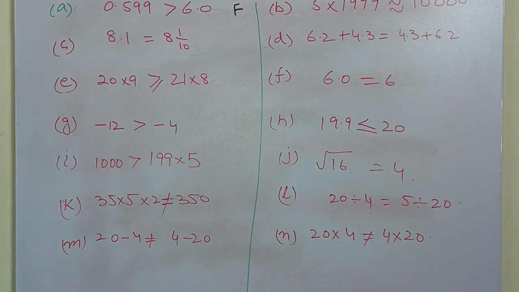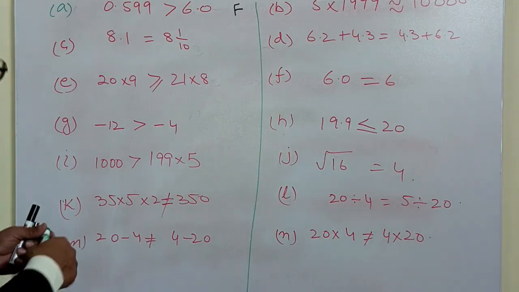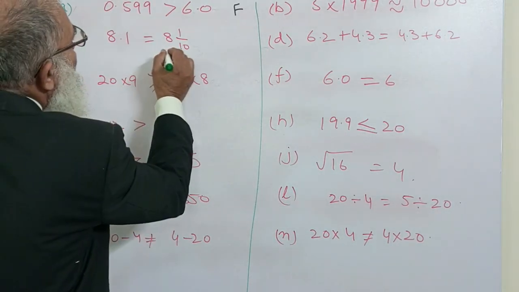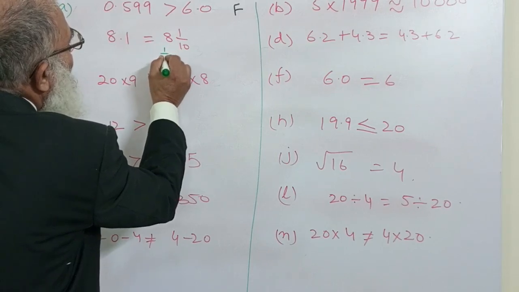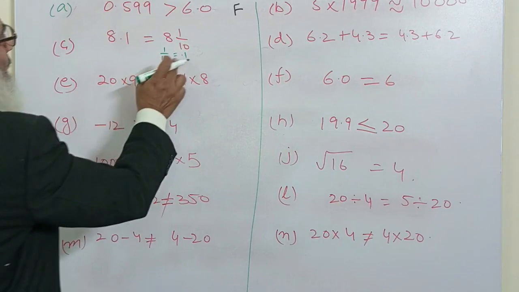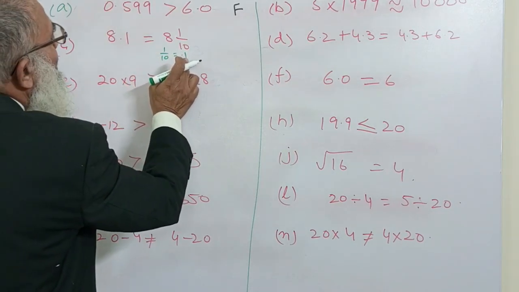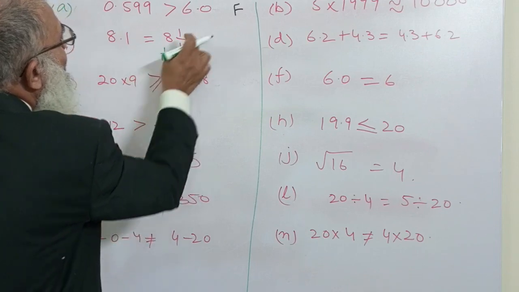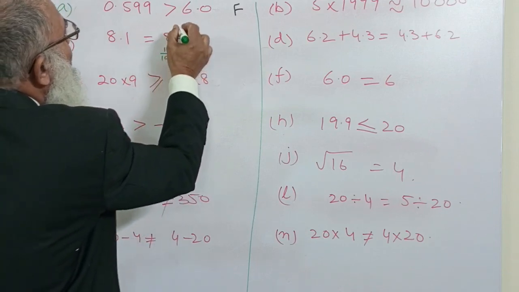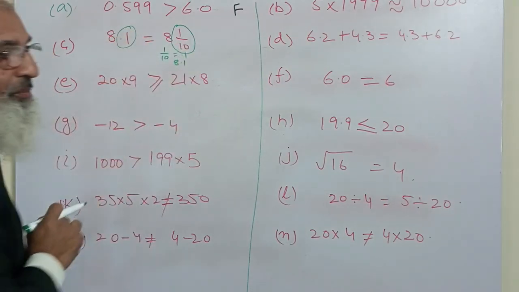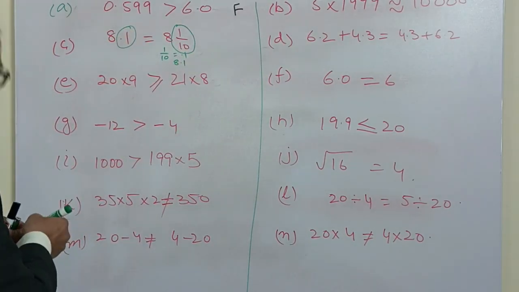Now these are equal because 1/10 means 0.1. So if I write like this, that means this 1/10 and 0.1 are one and the same thing. So this becomes true.